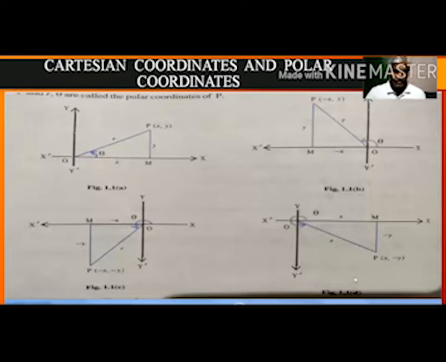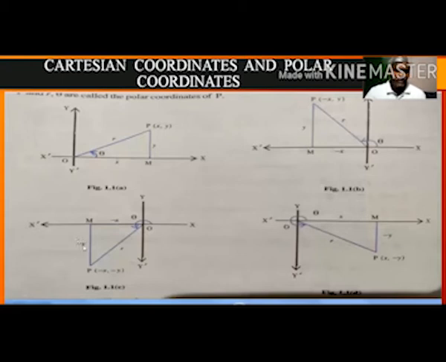So depending on the quadrant, we calculate the angle. So theta, if it is in the first quadrant, the value of theta will be 0 to 90. If it is in the second quadrant, it is 90 to 180.